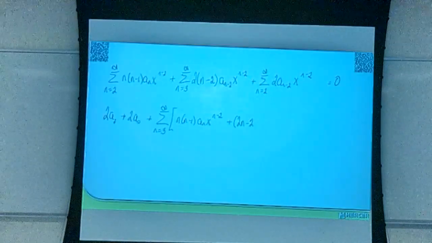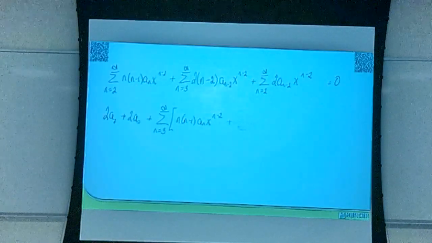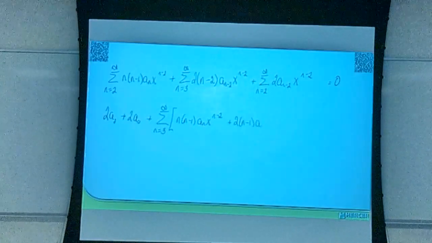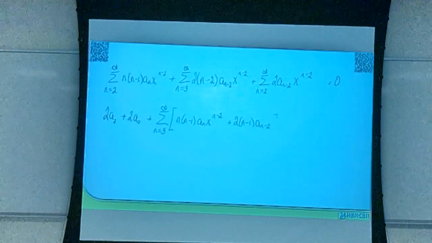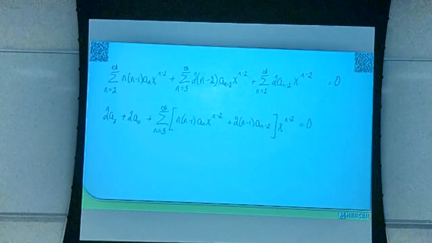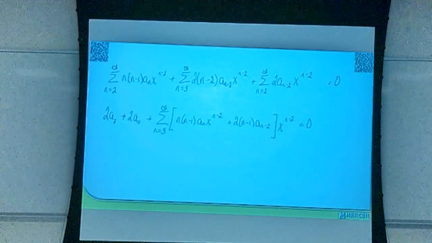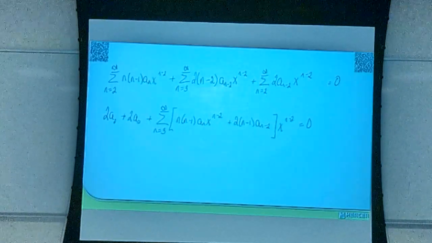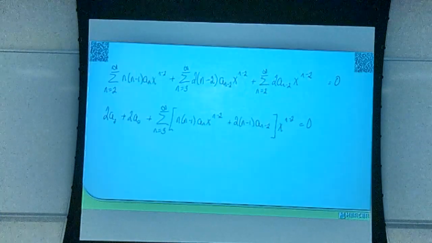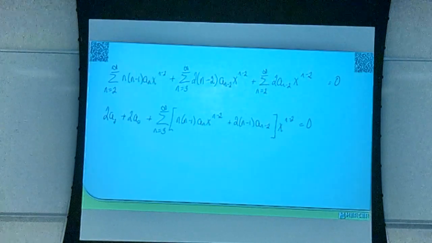Two n minus 2? Or two times n minus 1? When did it shift from minus to plus? Because the original equation is minus.